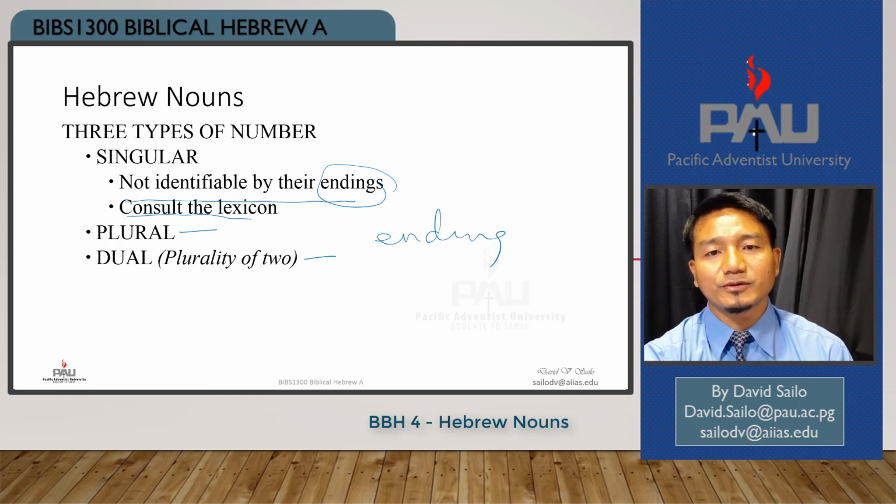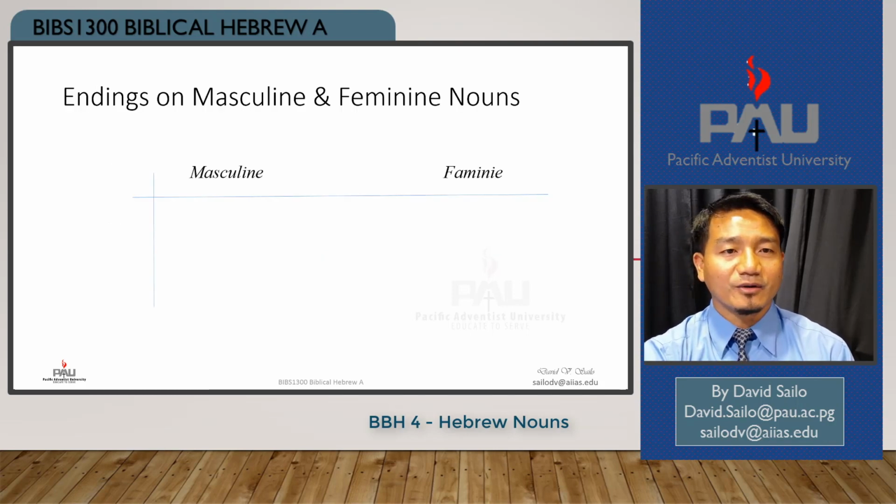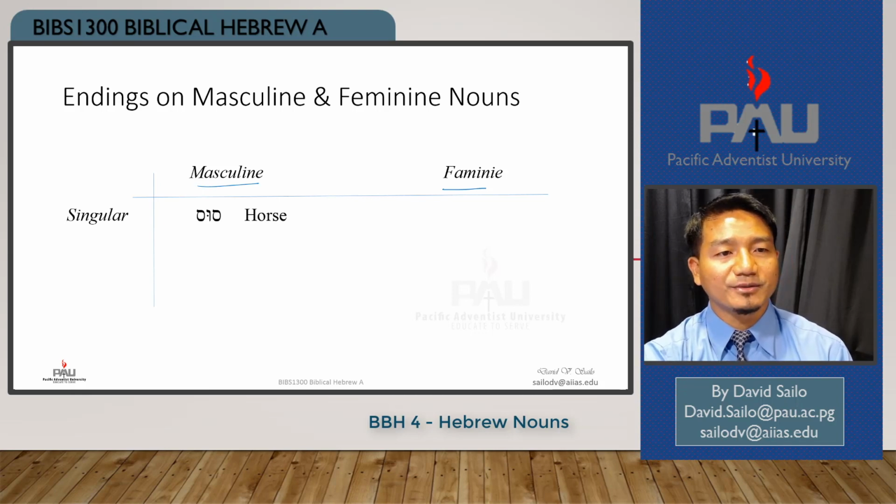So we are going to look at the endings of the Hebrew nouns. We are going to divide this into masculine and feminine, and also singular. Here we have a singular masculine noun, sus.